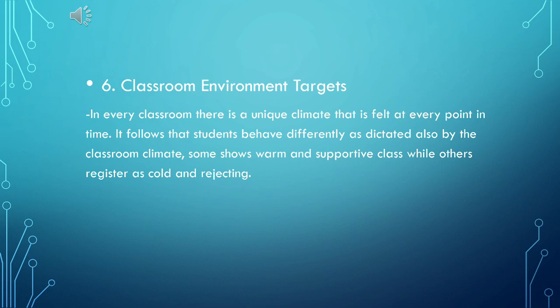But most of the time, favoritism is being practiced, especially in public schools. In elementary, I've experienced this. And friction, the extent to which students bicker with one another. And next is the formality, the emphasis on imposing rules.